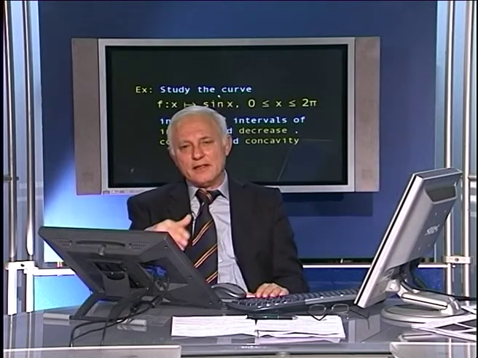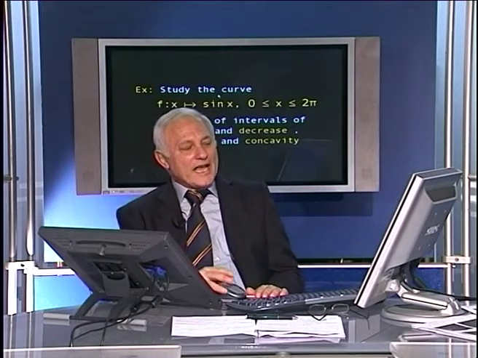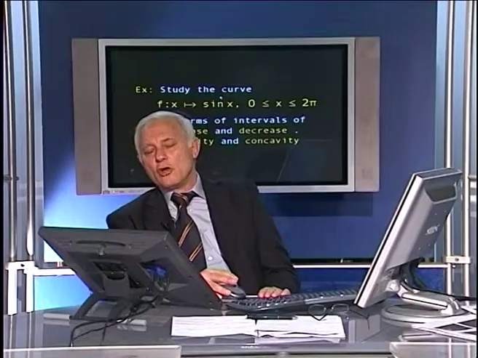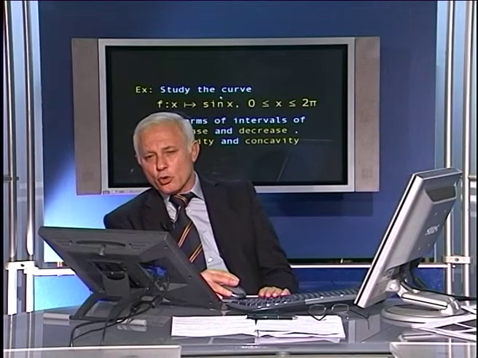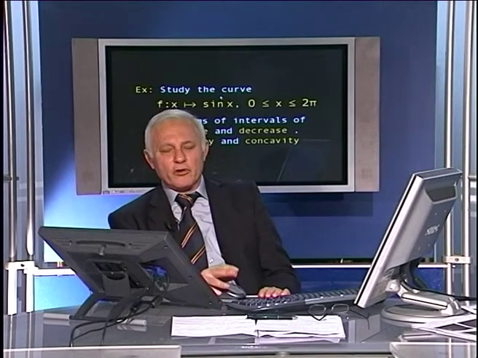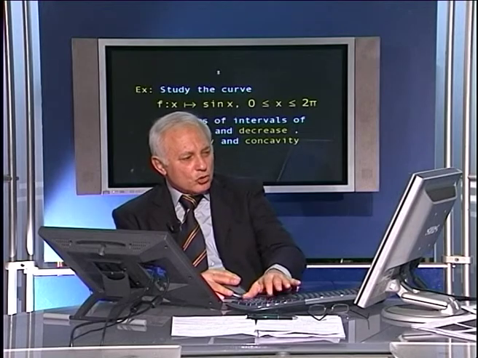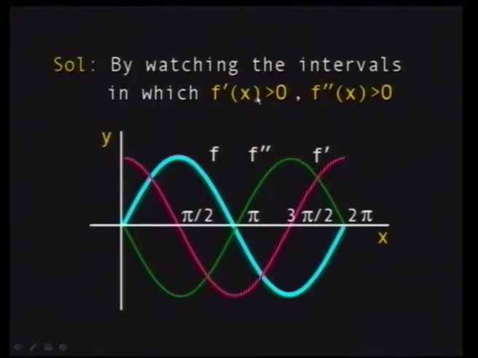When it's negative, it decreases. Whereas when the second derivative is positive, you have an interval of concavity upwards, and when it is negative, an interval of concavity downwards. So all you have to do in order to study this curve is watch the sign of both f dash and f double dash.